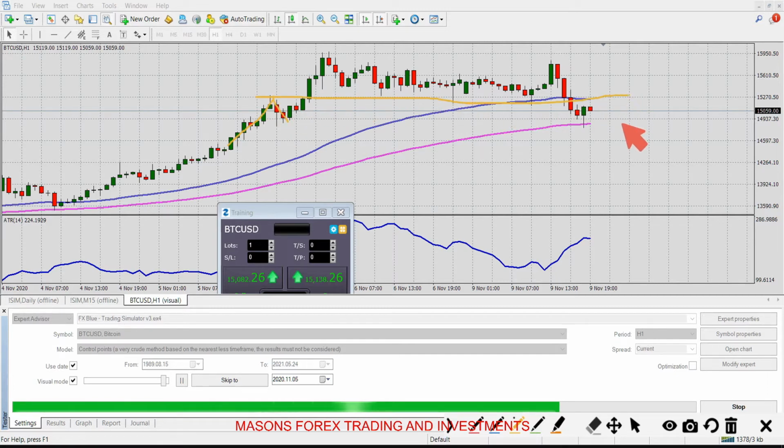We had a support there. And now this wick is supported at this level. It's supported here, and it was supported in the past.